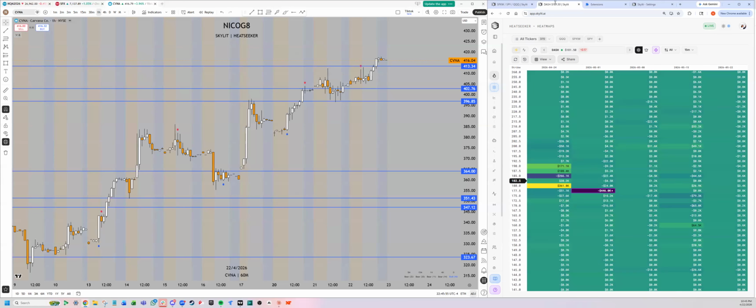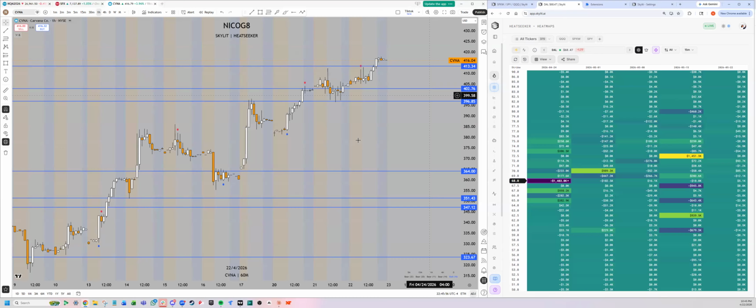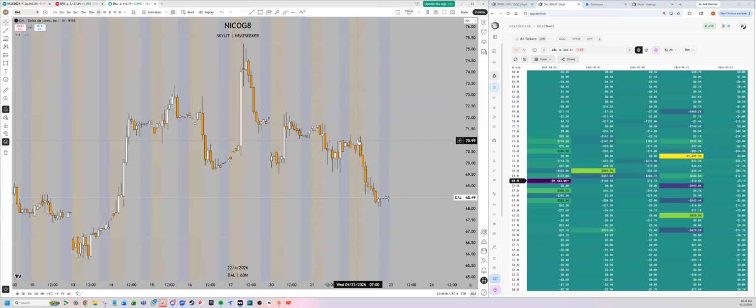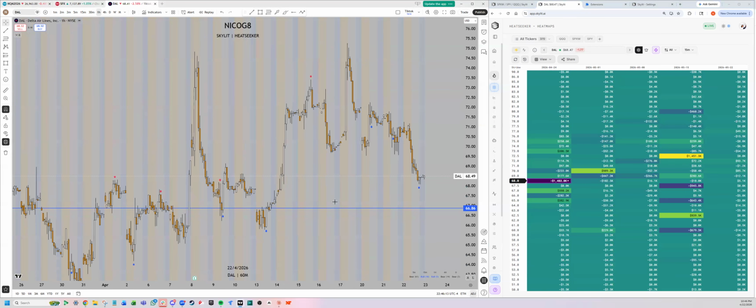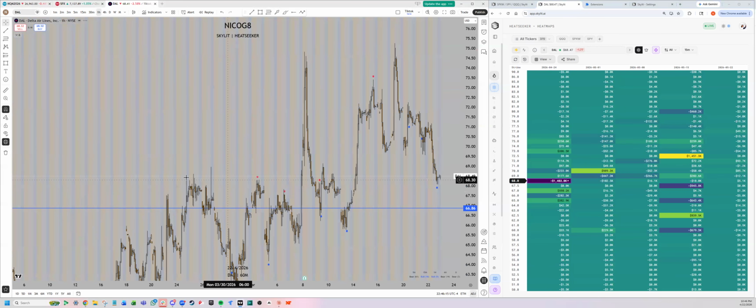All right, CVX. Delta maybe. All right, Delta looks like it's coming down on a strong floor. 68 is a good level on the chart though. Yeah, actually, Delta I don't mind here.